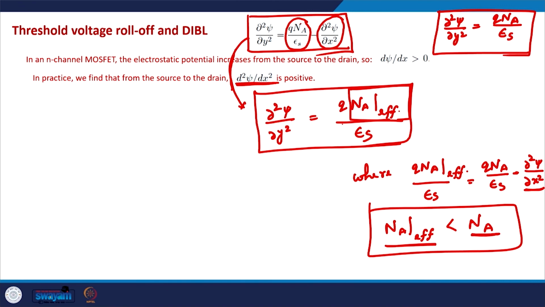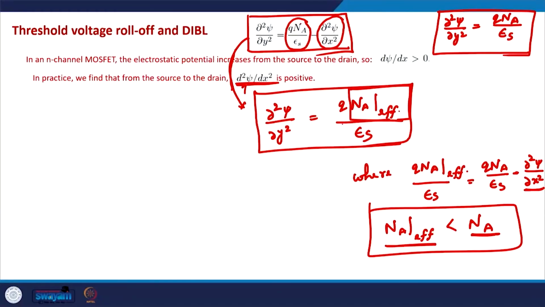So I will give you a small homework assignment to look at how various parameters change while considering the 2D electrostatics. How the depletion width will change, how the depletion charge will change, how the threshold voltage will change when this term del 2 psi by del x square is significant.